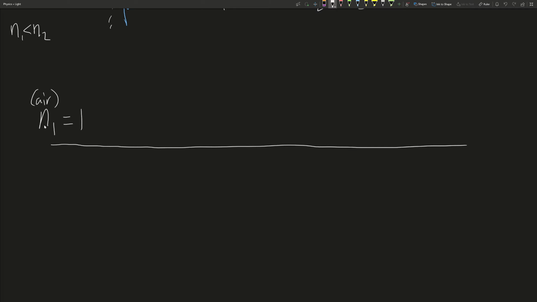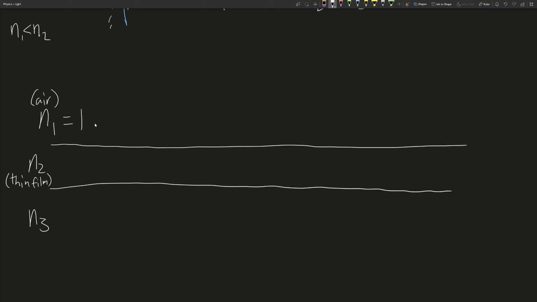So that's the boundary. And then here is another material, call it n2. n2 is going to be greater than 1. And then we have another material on the other side, n3. So n2, this material, is going to be the thin film.